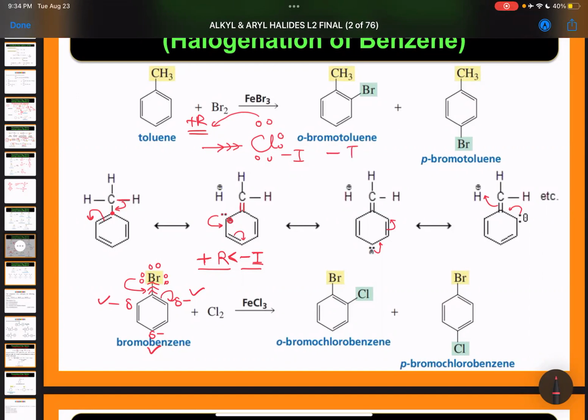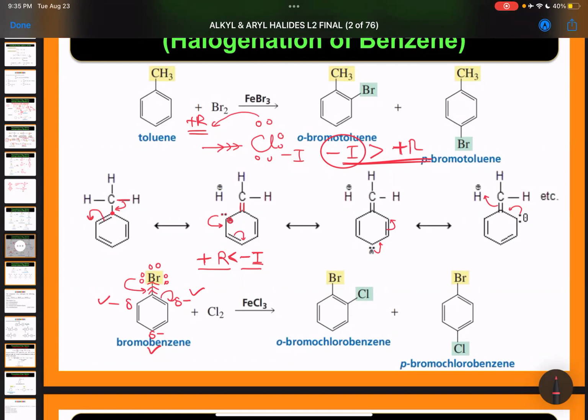So overall, in the case of halogens, minus I effect is more than plus R. So if someone asks whether chlorine is electron withdrawing or donating, my answer is the net effect is electron withdrawing because minus effect is larger than the resonance effect. But if someone says, if it is electron withdrawing, then why is it ortho-para directing?